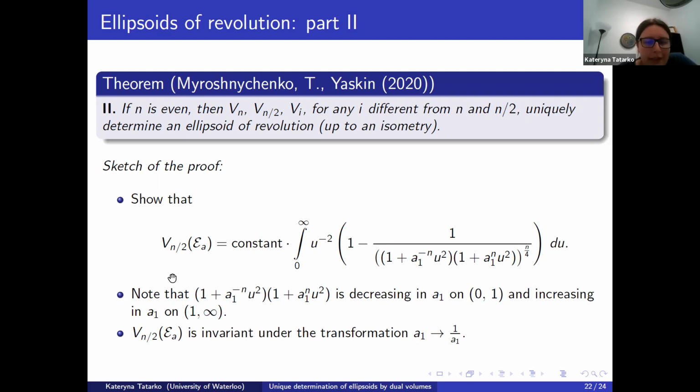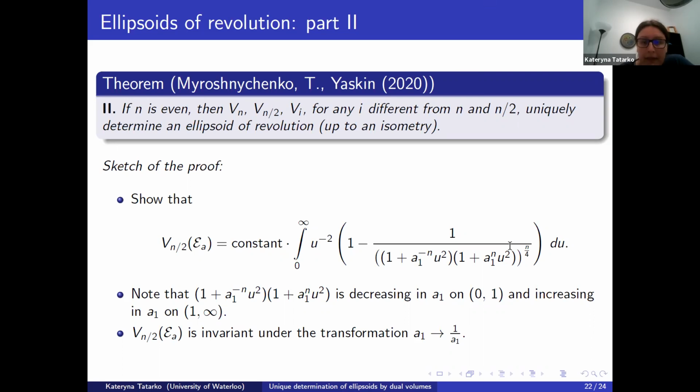The first one says that, as before, with fixed volume and the n over 2 intrinsic volume, we can find at most two different ellipsoids with such prescribed values of these two intrinsic volumes. And the second observation says that since this function is invariant under the transformation, these ellipsoids must be polars of each other.